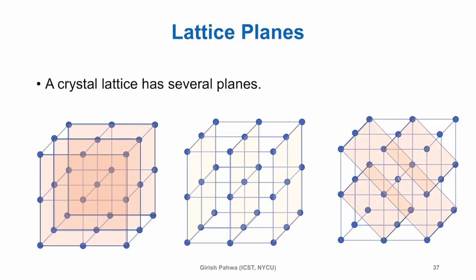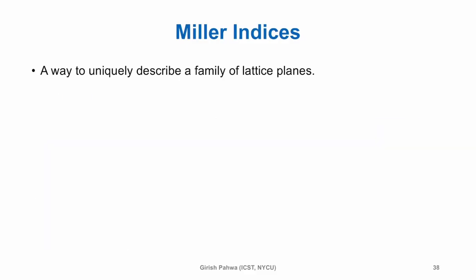Now, how do I mathematically characterize these families of planes? Is there a mathematical way I can say that if I have this particular number, this number denotes this family of planes? So is there a mathematical way to represent this family of planes? That way is Miller indices.